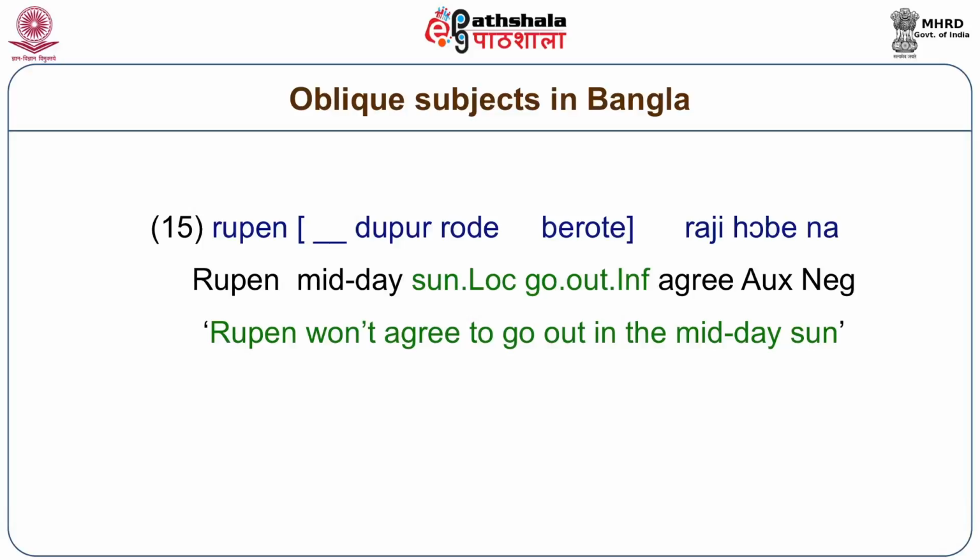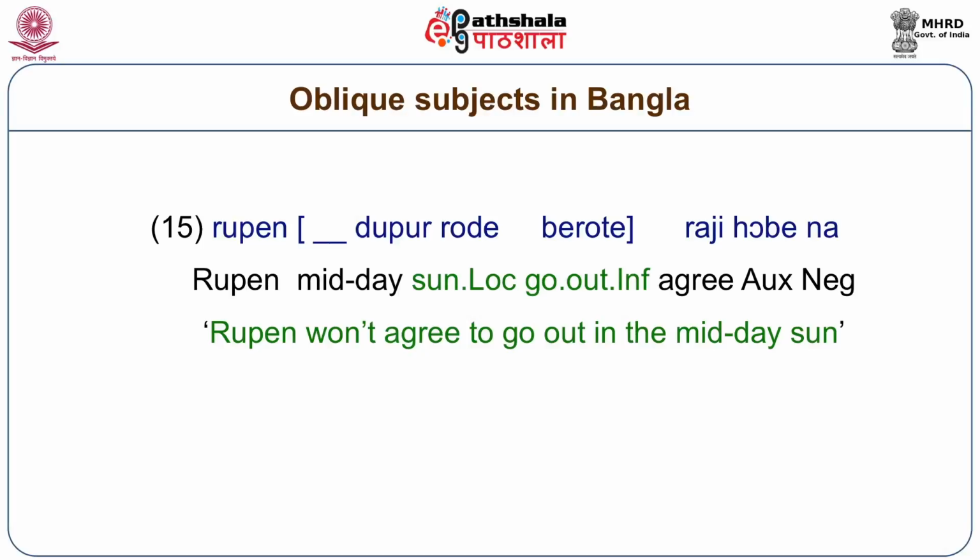15 is a direct subject sentence where you get "Rupen won't agree to go out in the midday sun." This takes the form Rupen Raji hobe na, Rupen won't agree, with a nominative subject controlling agreement on the verb. And there's an embedded sentence, Dupur rode berote, to go out in the midday sun, and Rupen controls the subject of that embedded sentence.